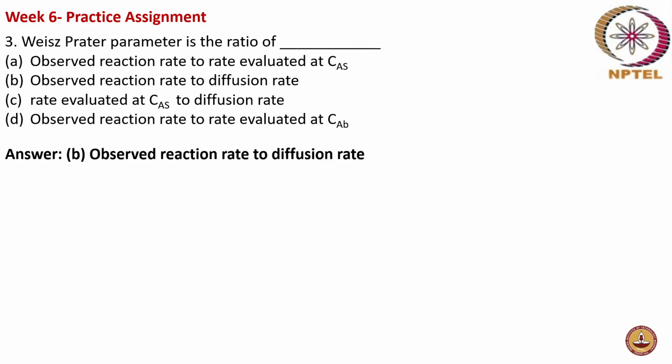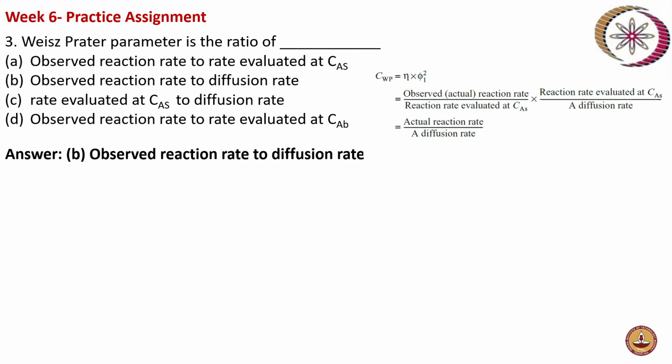Obviously it is the observed reaction rate to the diffusion rate, because it has to say the internal diffusion limitation. So it should have a diffusion rate component either in the numerator or in the denominator. So it is the observed reaction rate to the diffusion rate.